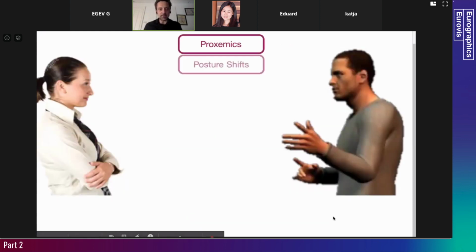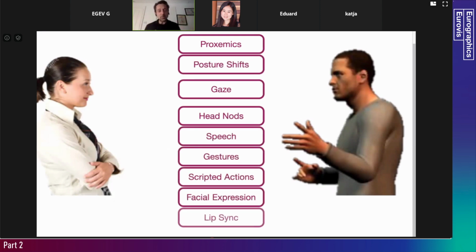So let's have a quick look at what that might look like. There's a whole load of stuff that we could be doing here. From the top, proxemics is how we use space, how close we stand to one another. That personal space, very important. How we shift our postures. There are theories that we coordinate shifts in posture. Gaze, eye contact, super important. I'll talk about that in a sec.